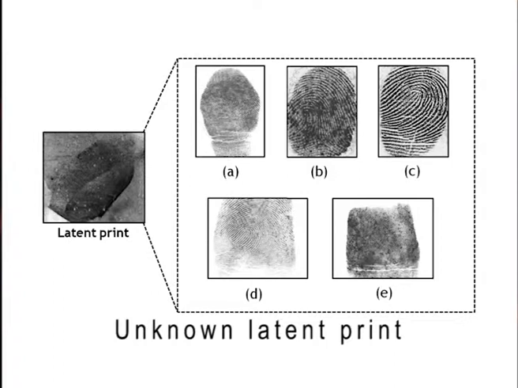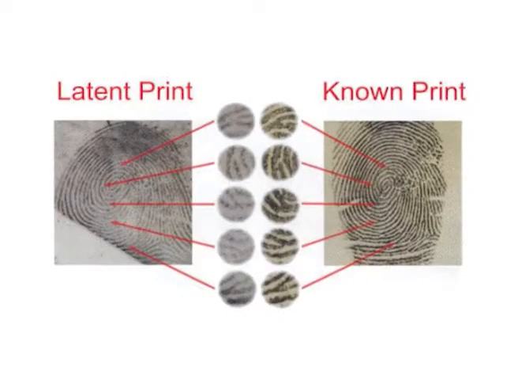Also referred to as unsolved to unsolved searches, the latent to latent searches provide an opportunity to determine if crimes are being committed by the same person, even if the person remains unidentified.